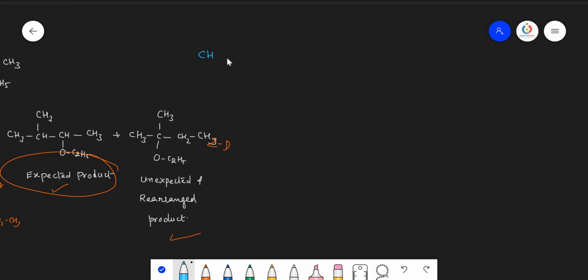Say I will take this particular propene molecule with C2H5OH, ethyl alcohol, in the presence of deuterated sulfuric acid. Then, initially the H+ ion from the acid attacks over the alkene to provide the carbocation.